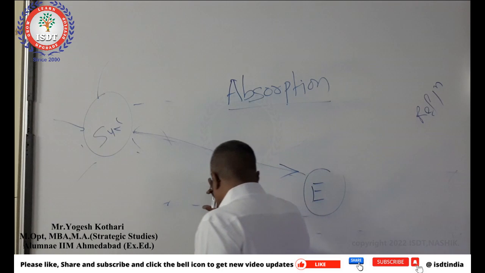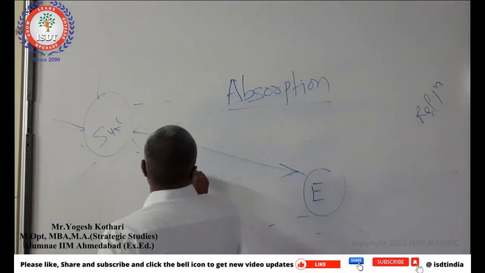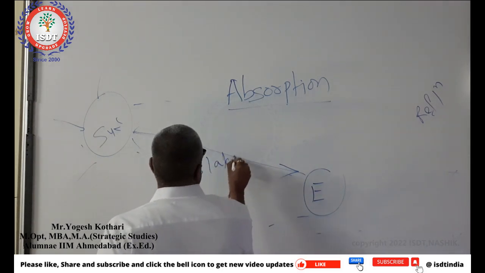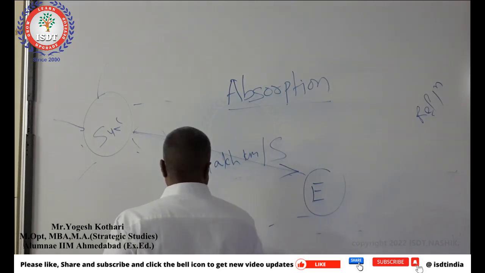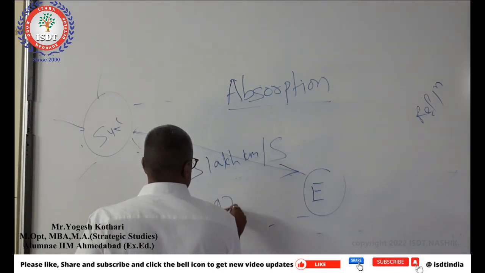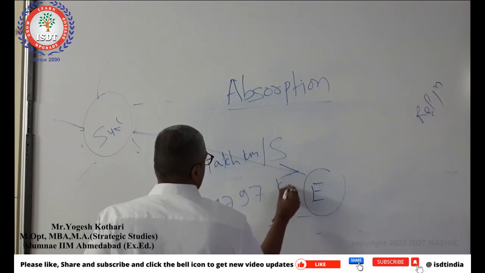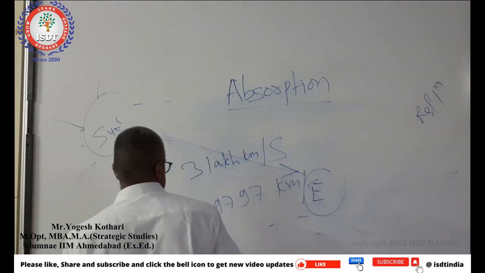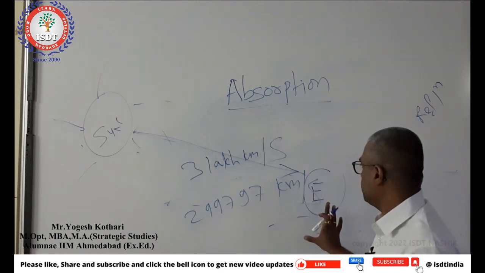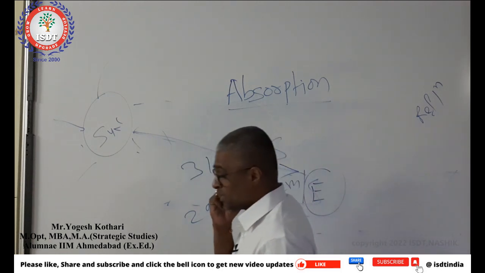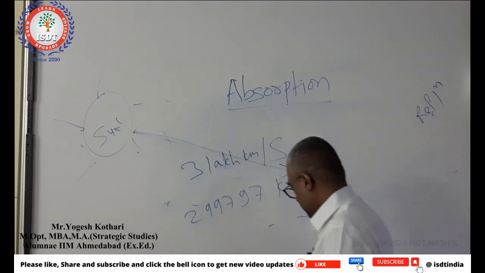The speed of light is around 3 lakh kilometers per second. Exactly, if you want to know, it is 299,792.458 kilometers per second. At this speed light comes to the earth. This is one of the properties you just need to know, and that's it.